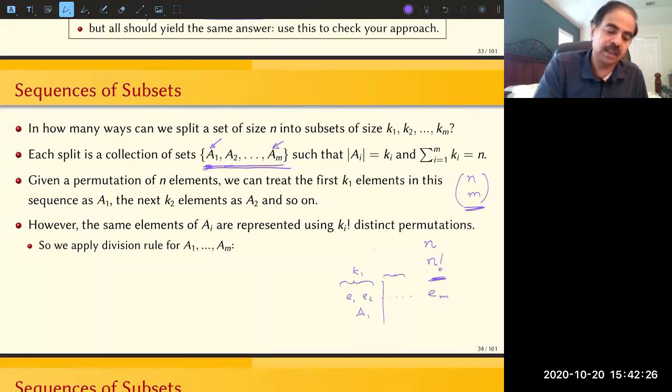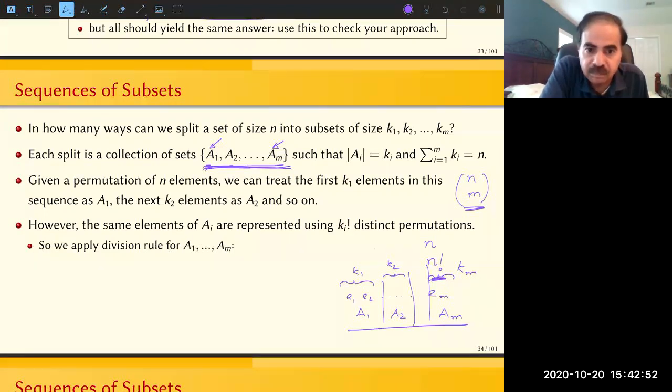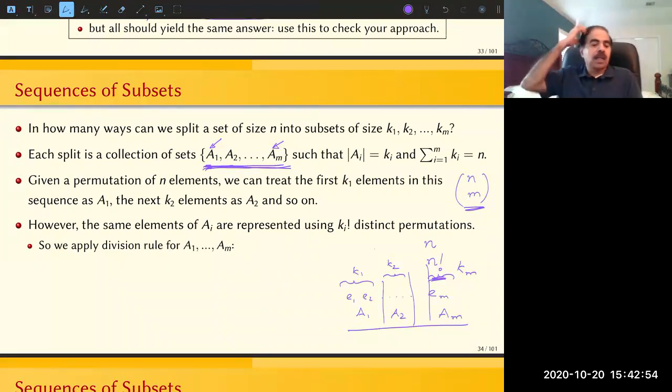And then the next k2 elements, we are going to call this A2, and all the way to the last km elements, which are going to be called Am, right? So this is how we can take any permutation and simply interpret that as specifying one choice of these sets. So this is telling us how to do the split.